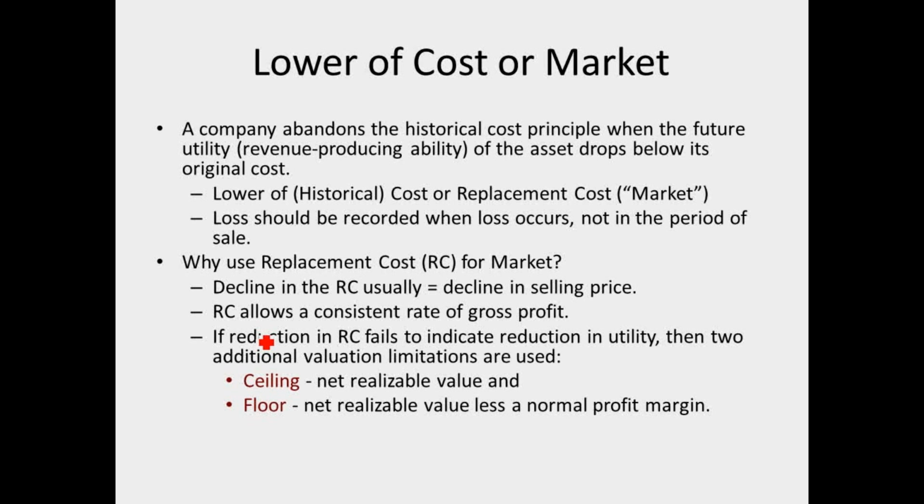Anyway, holding that aside, obviously as soon as they start destroying their inventory, it has no value to them. What would they have to do at that point? They just have to write it down to 0. That's obvious. You cut up your shirts, you're not going to sell them anymore. But what if it drops down, but not to 0, and you might be able to resell it?